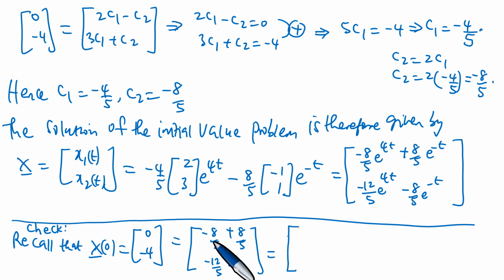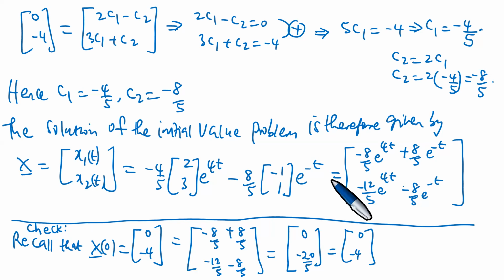So if you have minus 8 plus 8, it becomes 0. This becomes minus 20 out of 5. What is minus 20 out of 5? It's minus 4. So indeed, we're getting that x0 is that. So this answer is correct.